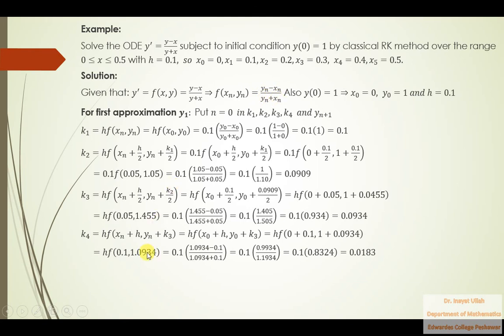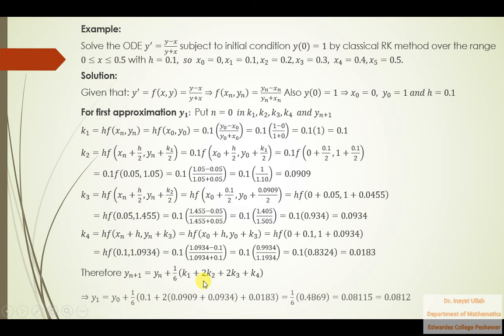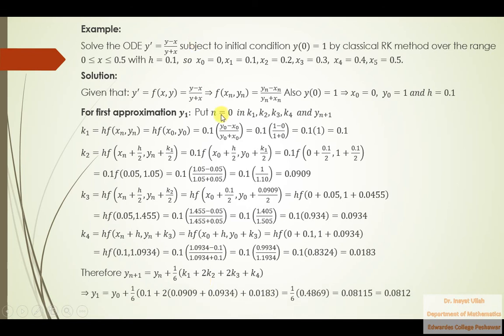So from here, h is 0.1, and function of this thing is second minus first divided by second plus first. Calculating this fraction, we'll get 0.0183. That is k4.